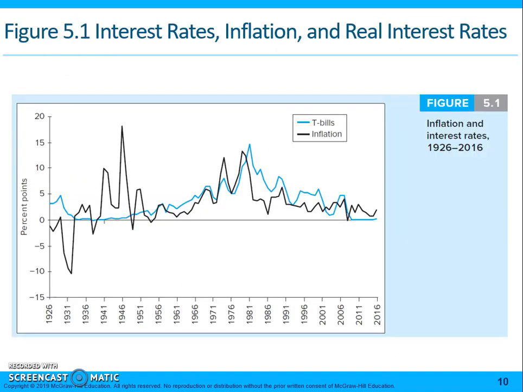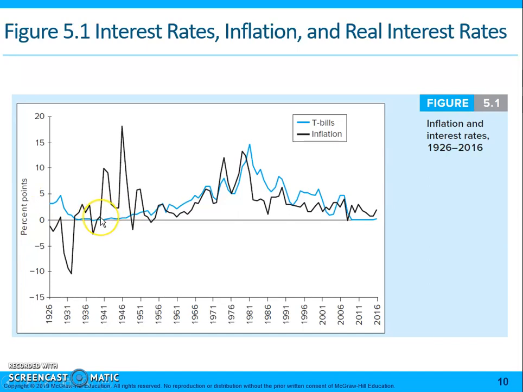Figure 5.1 compares interest rates and inflation from 1926 to 2016. They don't show real interest rates here, but we can effectively calculate them or get an idea of what real interest rates were. You can see we had deflation in the 1930s and nominal interest rates there.